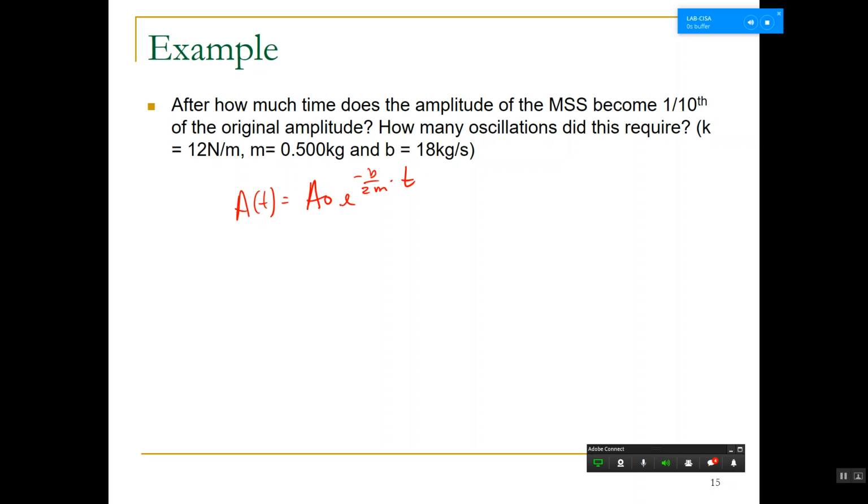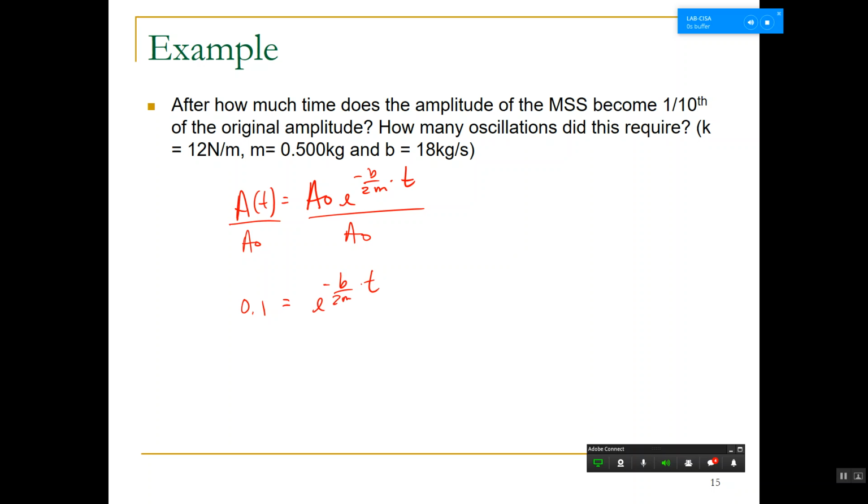And we know that the original amplitude is 10 times more than the final amplitude. So if I divide both sides by A0, what I get is 0.1, or 1/10, is equal to e to the negative b over 2m times t.